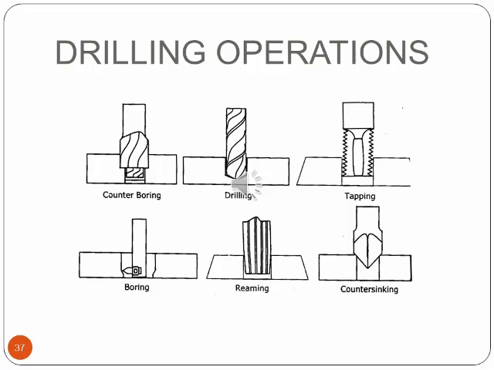Counter boring, the top side diameter will increase. Drilling, just like explained in the previous slide, creating a hole in the workpiece. Boring, increasing the diameter of the existing hole. Reaming and tapping operation also can be done. Then countersinking, giving the slide or angled shape at the top of the workpiece. So these are the various drilling operations that can be done in the lathe.